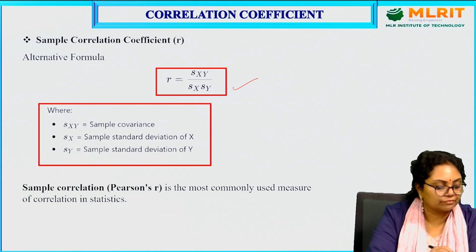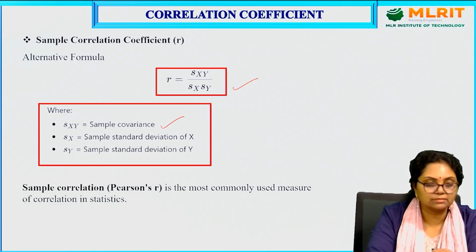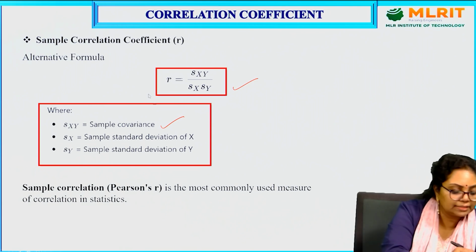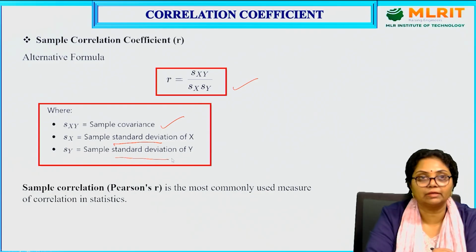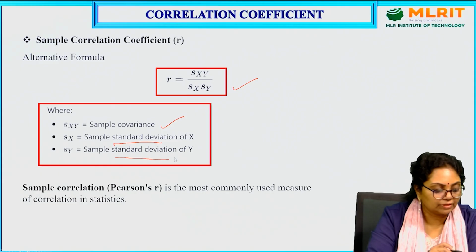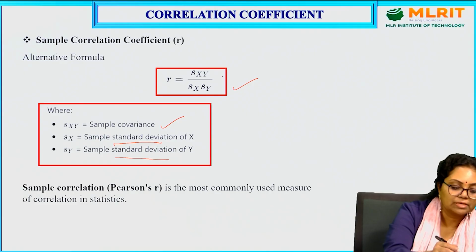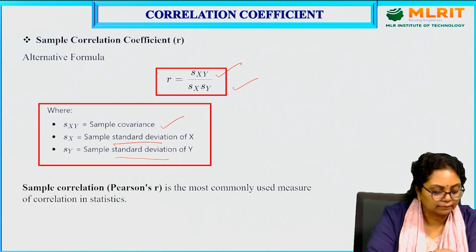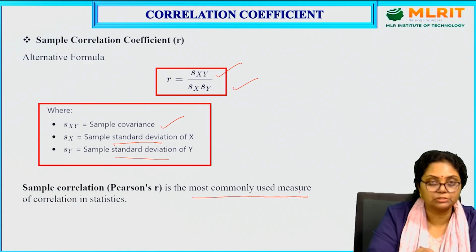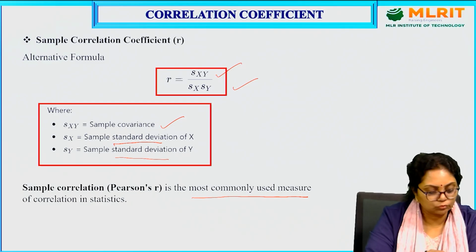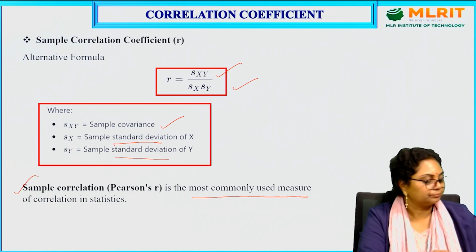So what is this S of xy? S of xy stands for sample covariance, whereas Sx represents the sample standard deviation of x, and Sy represents the sample standard deviation of y. So the sample standard deviations of the x variable and y variable we take into account along with the sample covariance in the numerator. Sample correlation, or Pearson's r, is the most commonly used measure of correlation in statistics. In most cases we are generally going to focus on sample correlation.